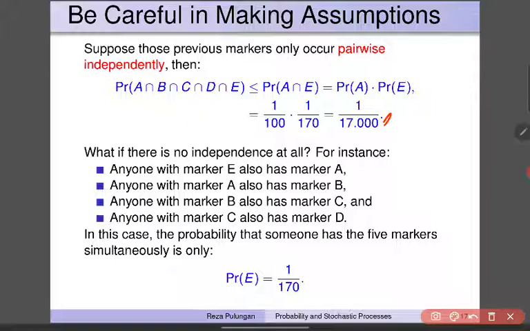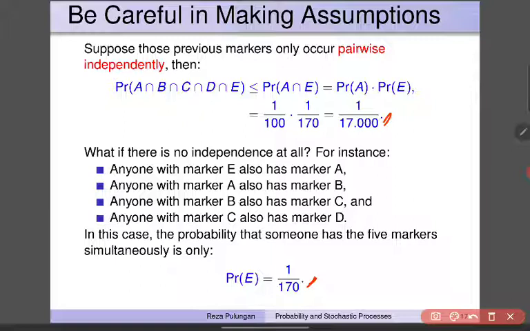But in this case, the probability that someone has the five markers simultaneously is simply the smallest probability among them, namely the probability of E, which is equal to 1 divided by 170. And this is also a way larger probability than the previous one.